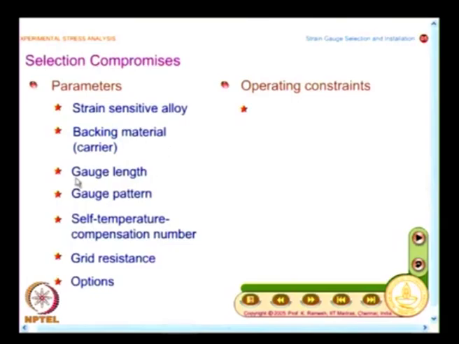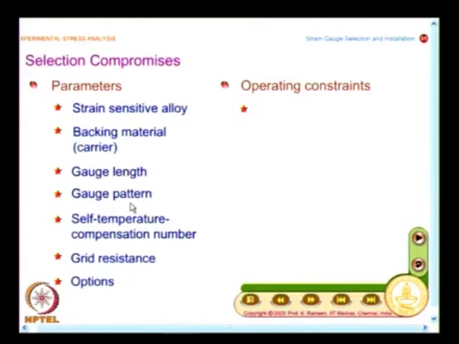And depending on the strain gradients that you are going to encounter, you need to decide the gauge length. And gauge pattern is also equally important. We have looked at, from a heat dissipation point of view, charts which give you a recommendation for a given power density, what kind of gauge patterns you can select.